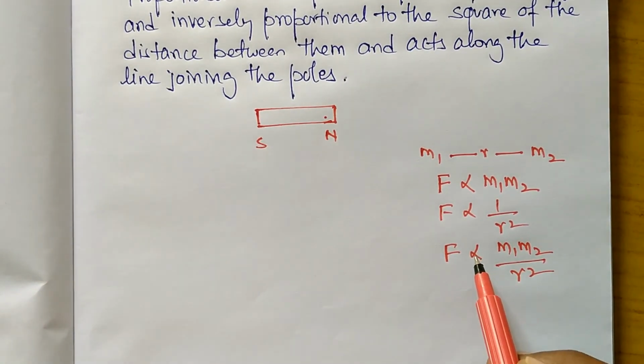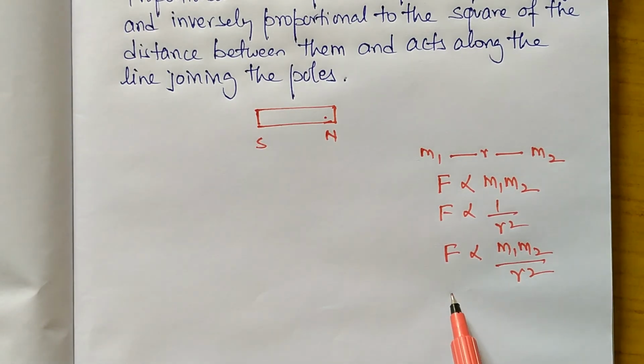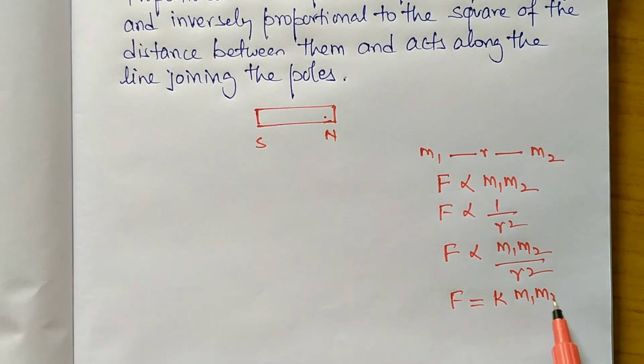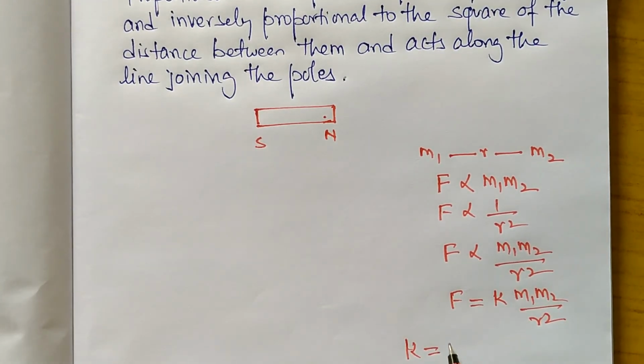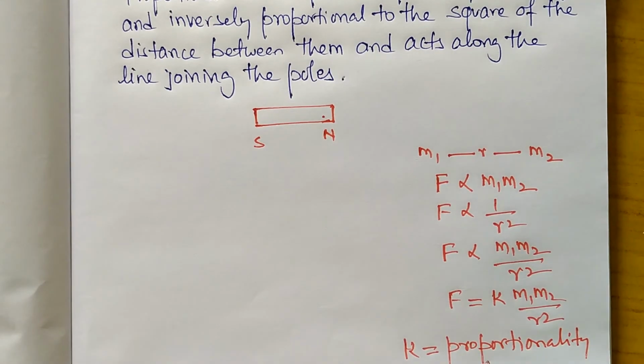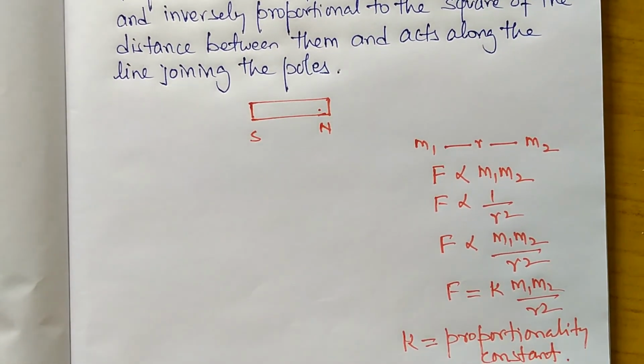This proportionality is removed by a constant K. F is equal to K M1 M2 by r square, where K is called the proportionality constant.